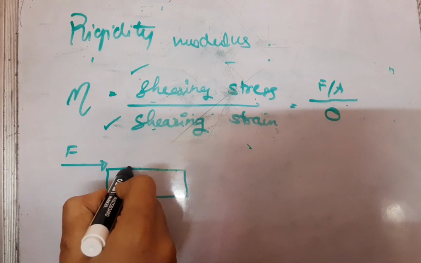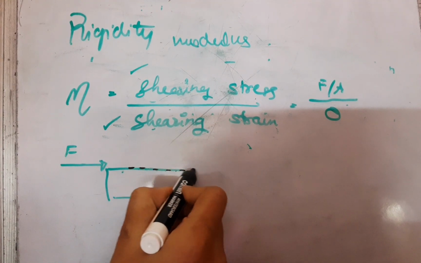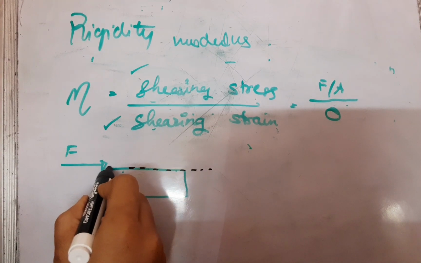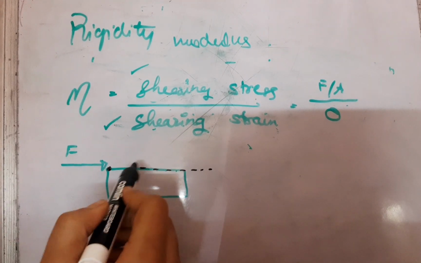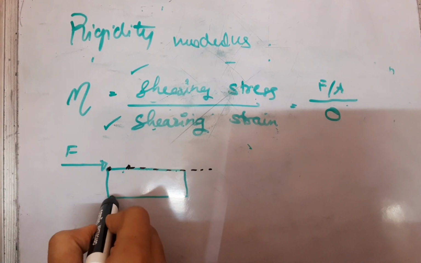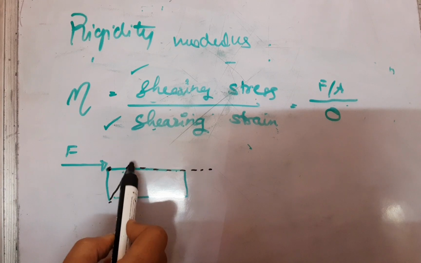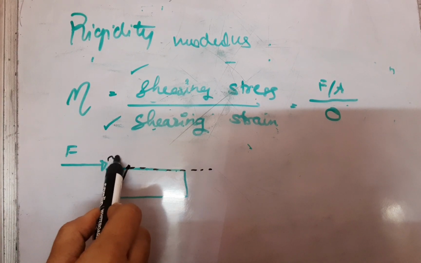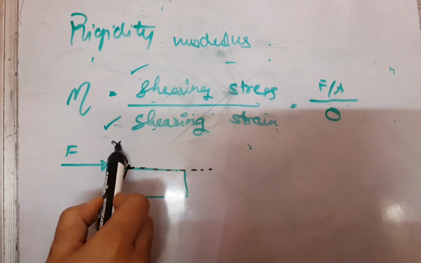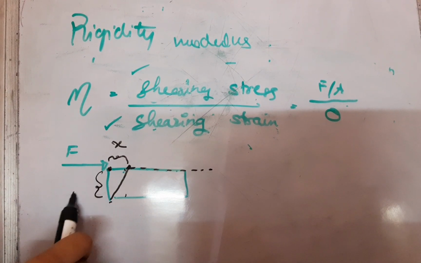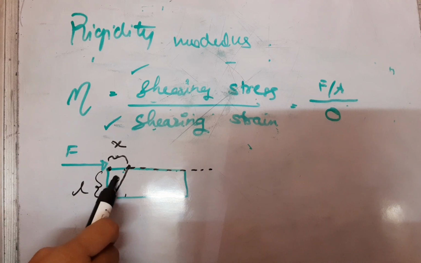So the upper layer will shift by this much, assume. So the original position of the layer was here. The new position of the layer is here. So if you join the original point to the new point, this displacement is x, let us say, and the distance between the two layers is L. So this is your angle theta, right?